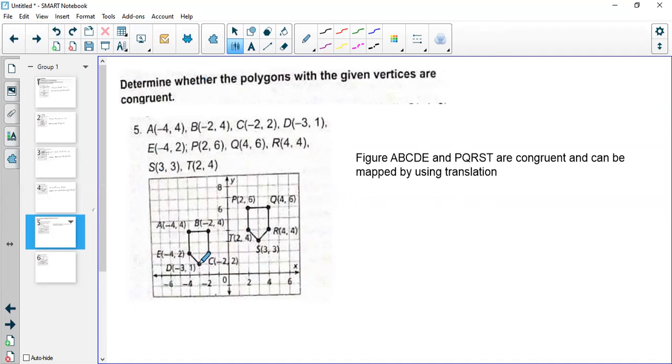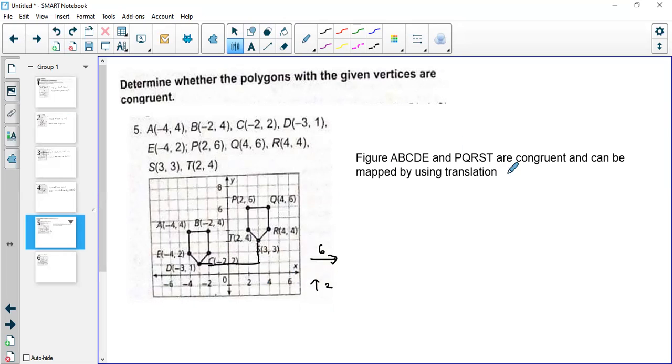So from the pre-image point D, I'm going to point S, because the corresponding point to point D is point S. So let me move right 1, 2, 3, 4, 5, 6. So that means I moved to the right 6 units, and then 1, 2. So I have moved up 2 units.